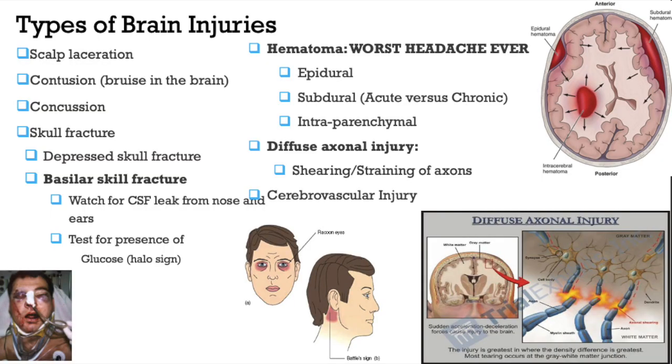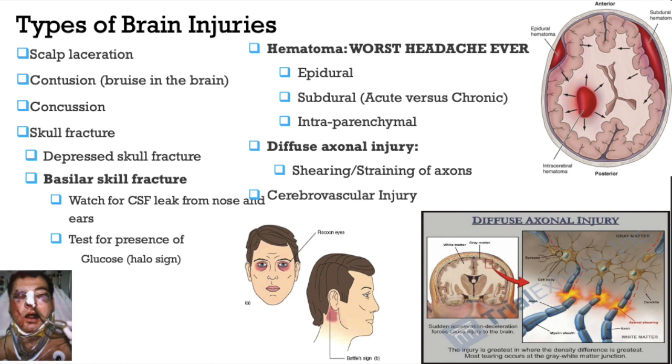So let's talk about our forces. What forces can cause a traumatic brain injury? Concussion. This is usually classified as a mild traumatic brain injury. Usually involves a brief alteration in mental status that results from some type of trauma, like banging your head against someone else, or maybe heading a soccer ball too hard, or colliding with someone in a football game.